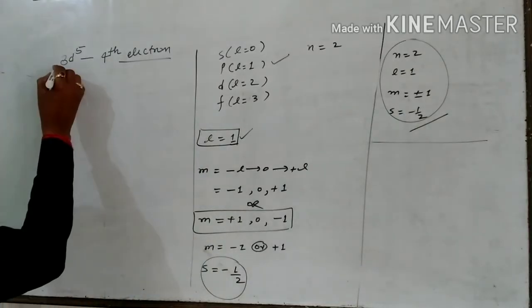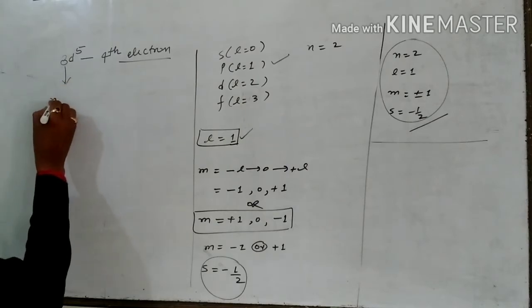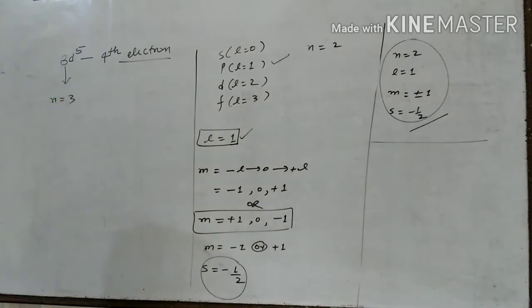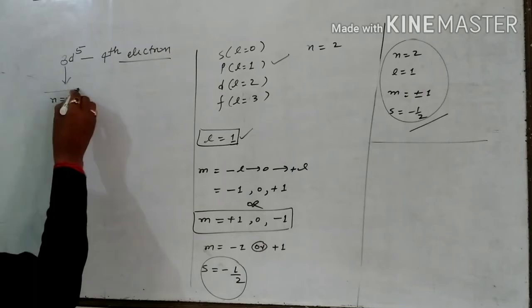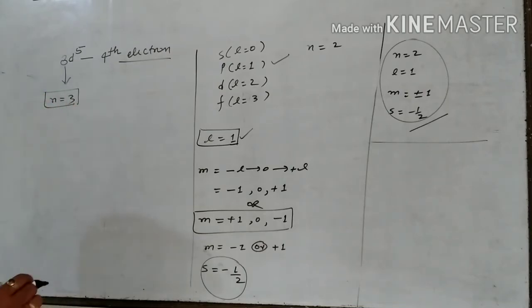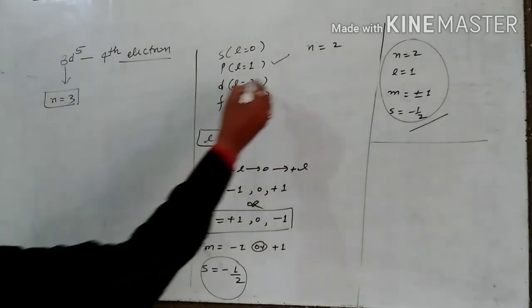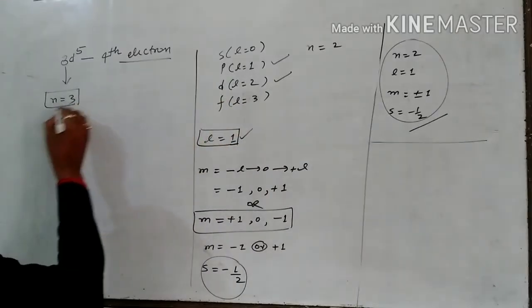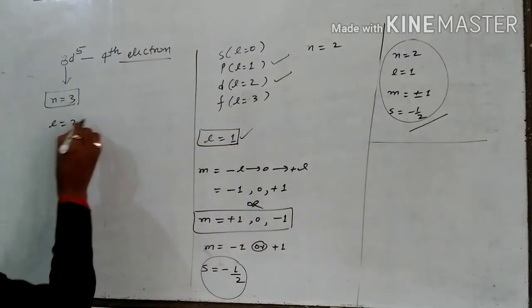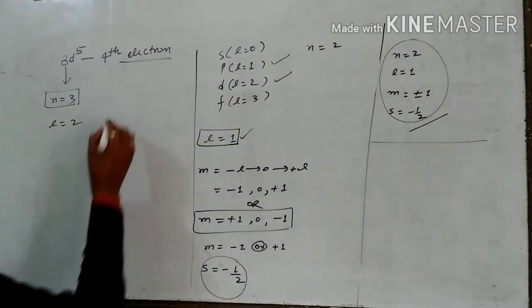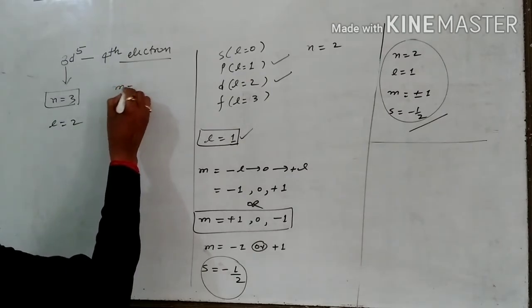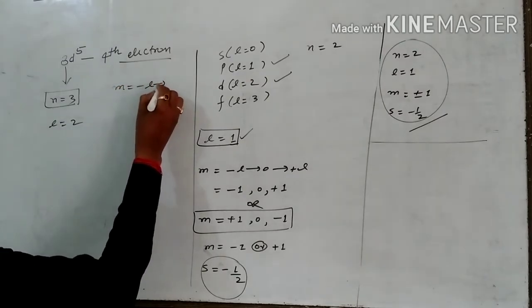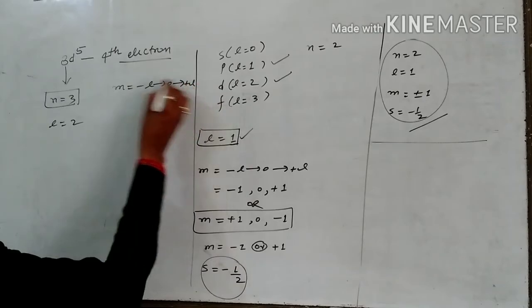So see here, easily you can find n is equal to 3. It means the principal quantum number you have written here. After that, d you are seeing here, for this l is equal to 2. After that m by using the formula minus l to 0, 0 to plus l.